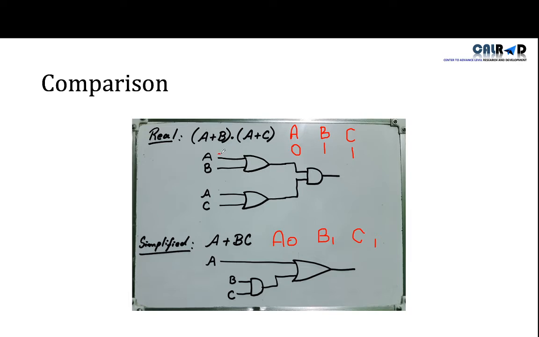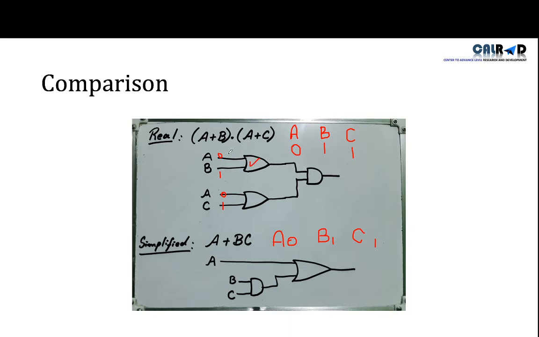What is our A value? A value is 0. And what is our B value? B value is 1. A value is 0 and C value is 1. Now we have to check the truth table. So what is the truth table for the OR gate? Because this is the OR gate.